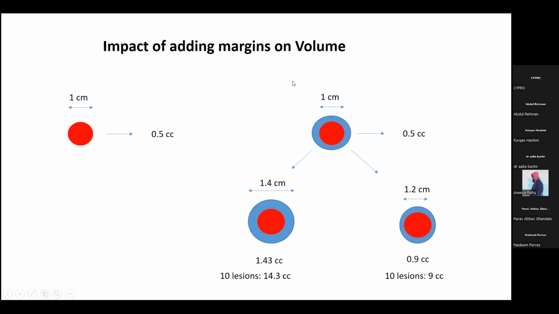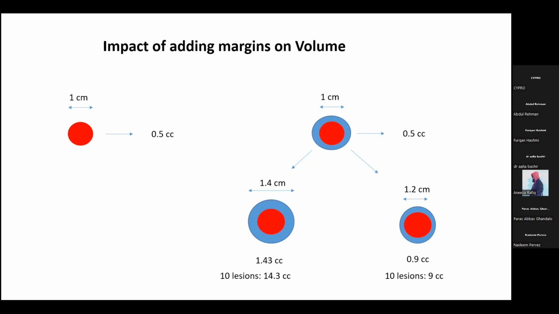So what is the impact of margin if we add it to these lesions? Definitely we need a PTV margin. If any lesion has a 1 centimeter size, then based on the modality available, for example when we are dealing with the Gamma Knife, we add only 1 millimeter of margin because it's based on the accuracy and the quality checks.